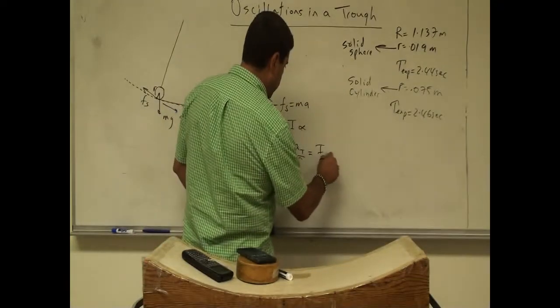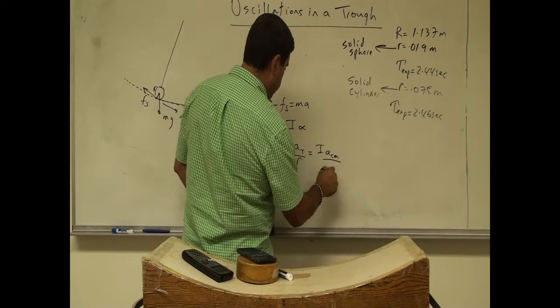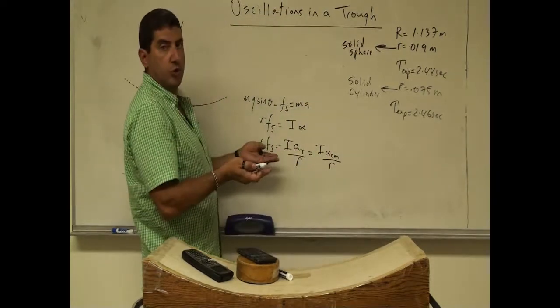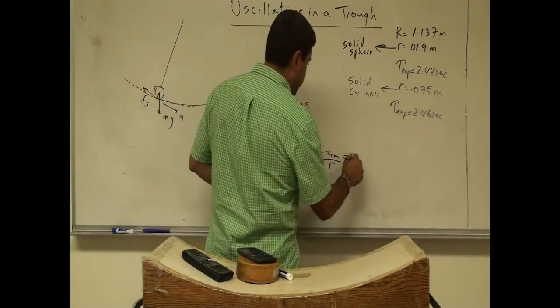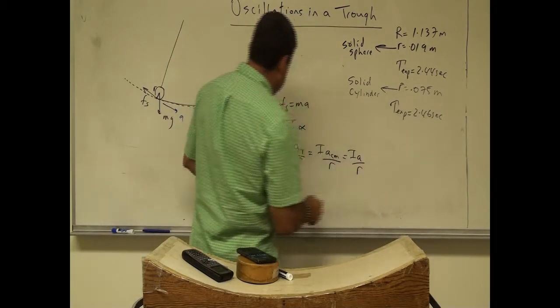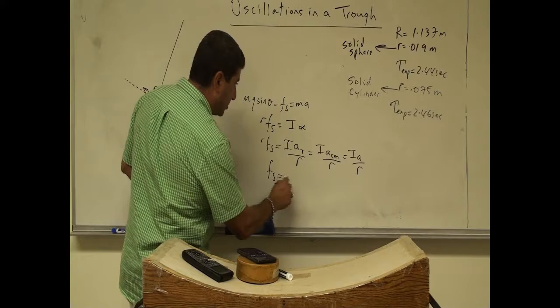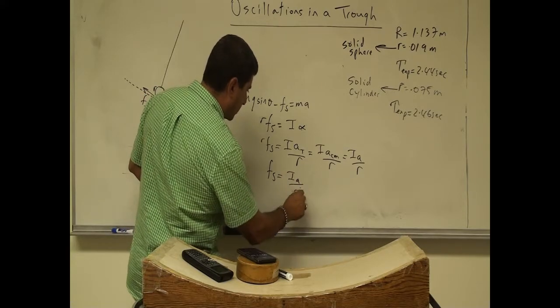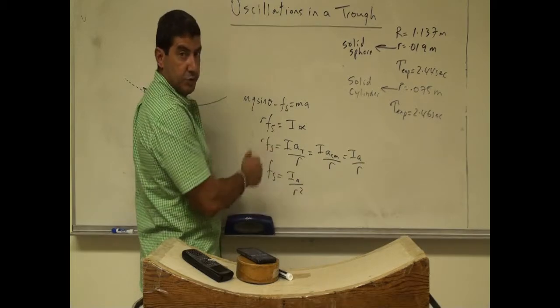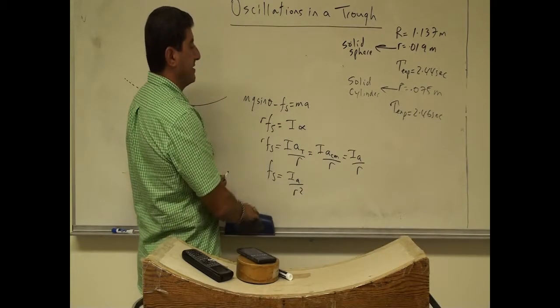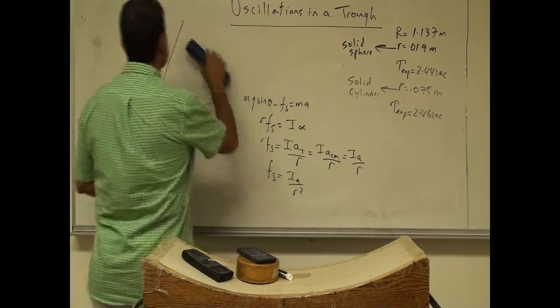So we have here I a_CM divided by R, and a_CM is what I'm calling its acceleration down the incline, so I can just replace it by a. So then we can say here Fs is equal to I a over R squared, right? And then depending on what the shape is, I can put the I later on. And then I can substitute this in here, right?